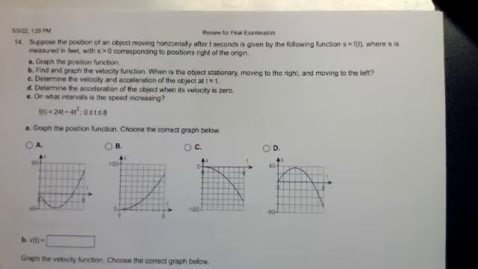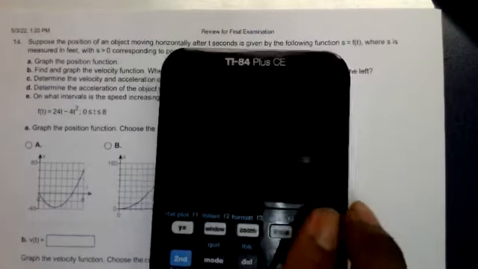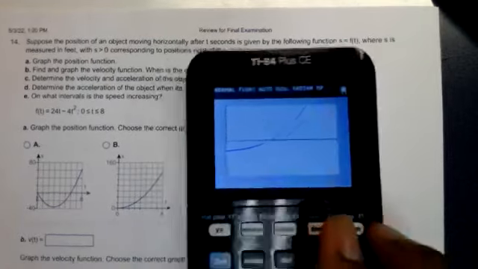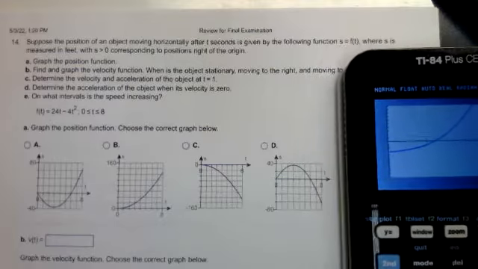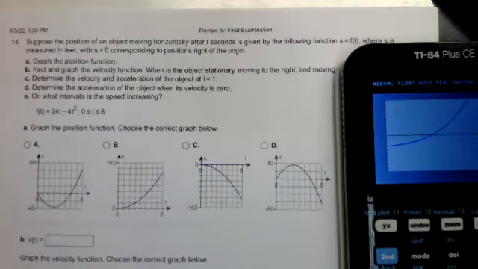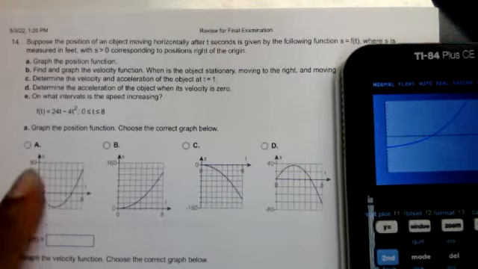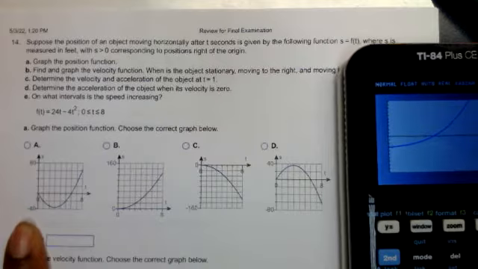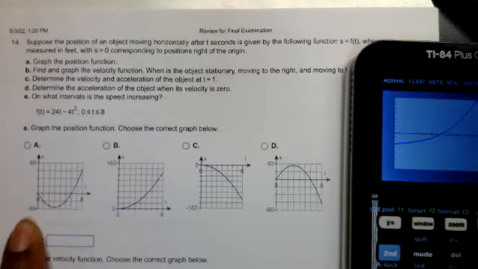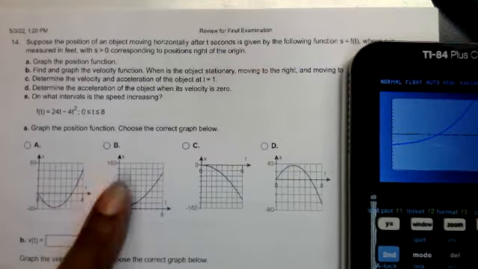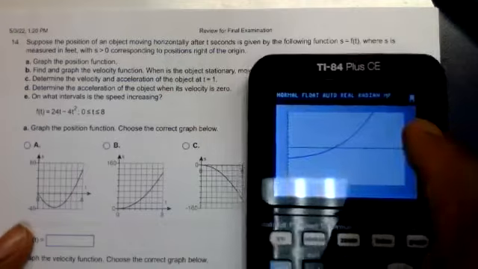Part A is to graph the position function, and we're going to choose the graph below. Here is where we use our graphing calculator to do that. Notice that we pay close attention to the values on the y-axis and the values on the x-axis.